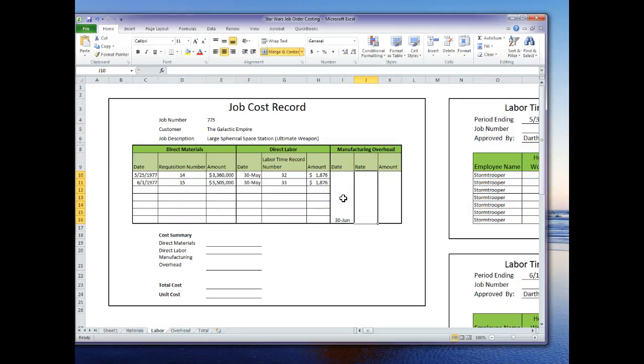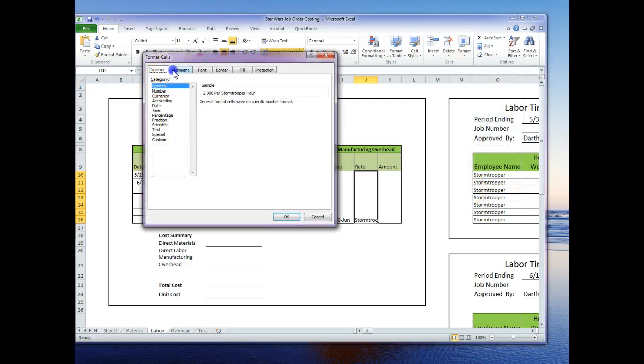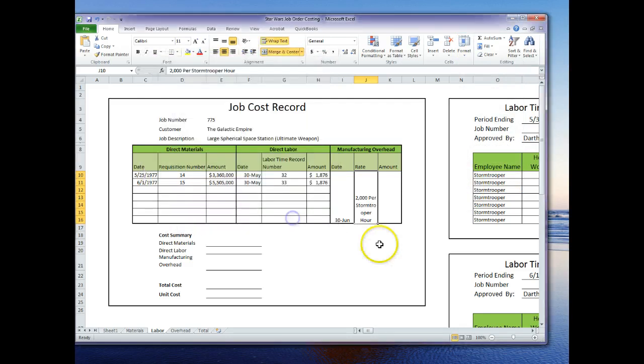So on June 30th, we know the rate is $2,000 per stormtrooper hour, right? And I can come over here and format my cell and wrap text. Yay. Okay.